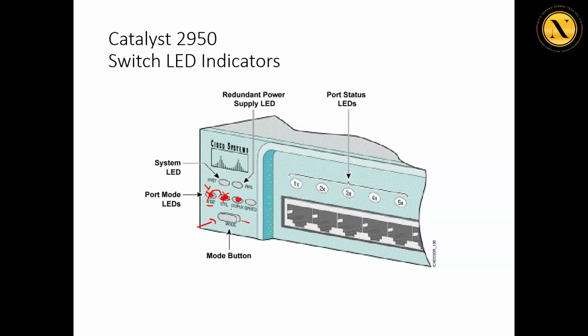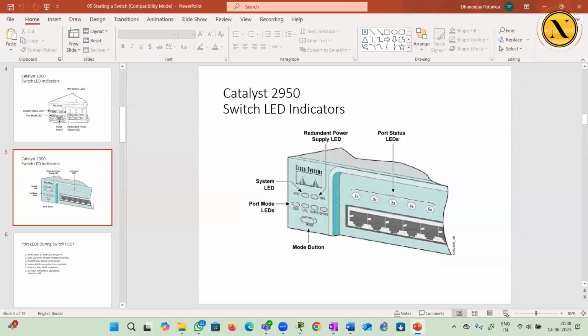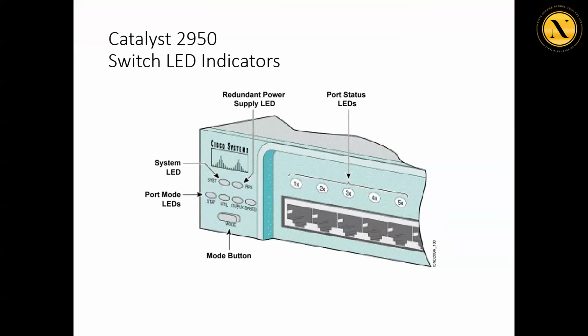This will also be gone. If I press it once more, the LED will move here, speed. If I press it once more, it will be gone, right? Okay. So assuming I press this once, twice, thrice, the LED will be here, on duplex.